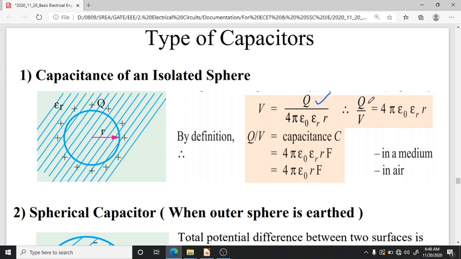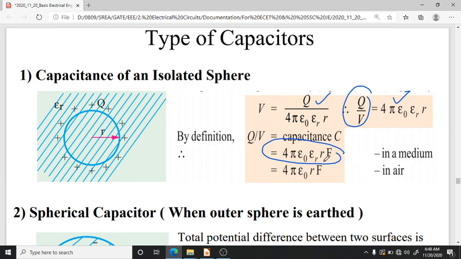Charge per voltage is nothing but capacitance. So the capacitance formula is 4 pi permittivity into R, where R is the radius of the sphere. This is the formula for sphere capacitance.